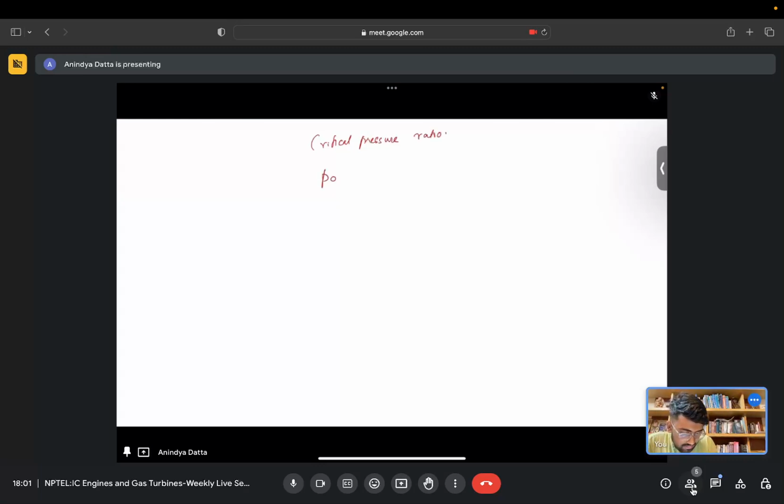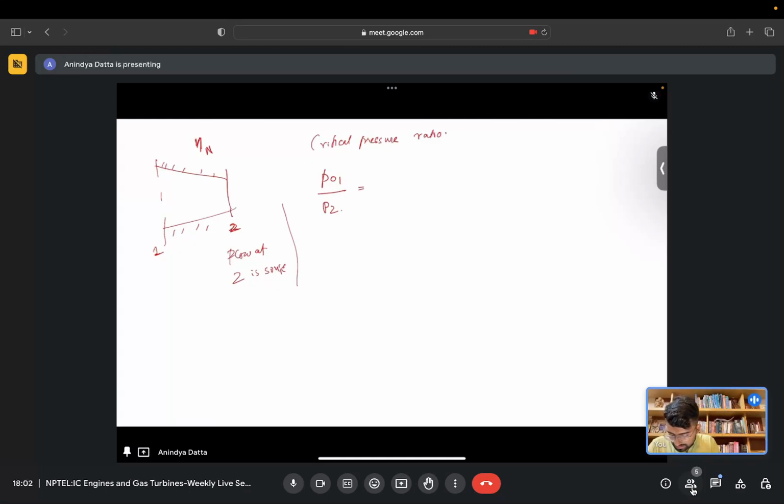So I had this nozzle, right, let's say 1, and this is 2, and let's say this nozzle has an isentropic efficiency of eta n. The definition of nozzle isentropic efficiency was discussed in this week's lecture, right? So if this is given, then P01 by P2, this is what we call the critical pressure ratio, which means critical condition comes when the flow at 2 is sonic. This is what we call the critical condition for a nozzle.